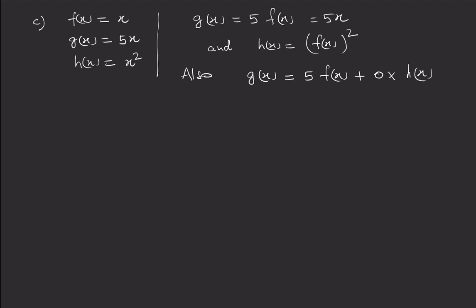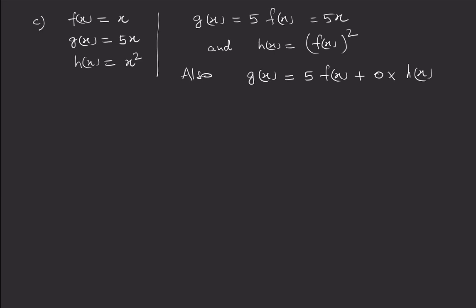So we see that these three functions can be related to each other, and one of these functions can be expressed in terms of the other two. Therefore, these functions are not linearly independent, hence they are linearly dependent on each other.